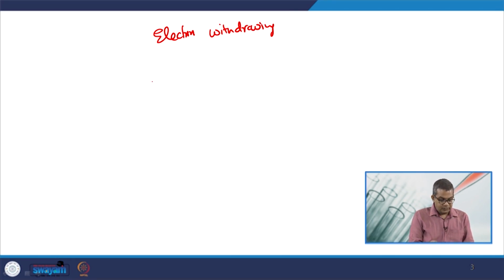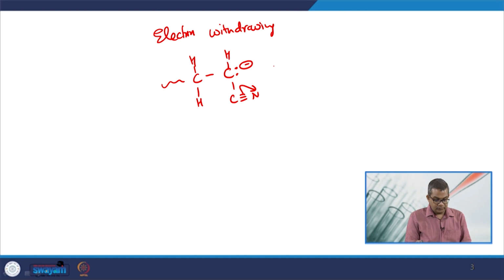Now here you see there are two examples. One is this acrylonitrile monomer. Now here this is shifting towards this one.